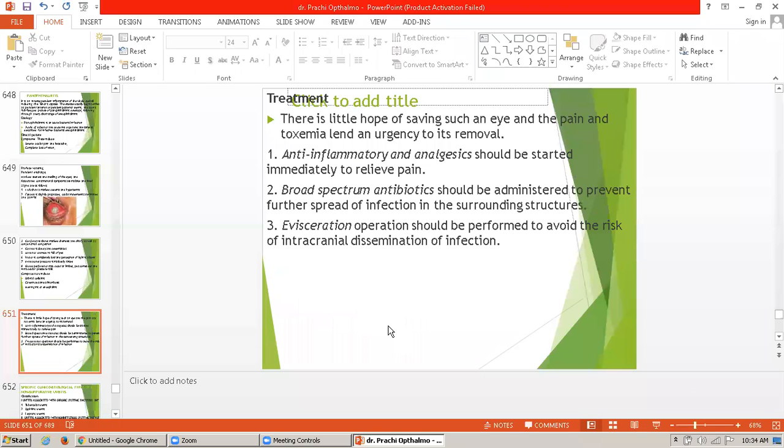Then the treatment of panophthalmitis. There is little hope of saving such an eye, and the pain and toxemia lend urgency to its treatment.